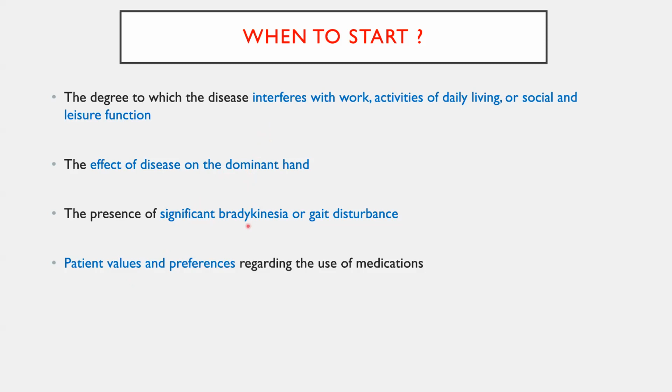If the patient prefers to take the medicine, that is also considerable. Okay, so first you ask the ADL, dominant limb function, associated other symptoms, and patient values also. So if the symptoms are affecting these, you can start with the medicine.